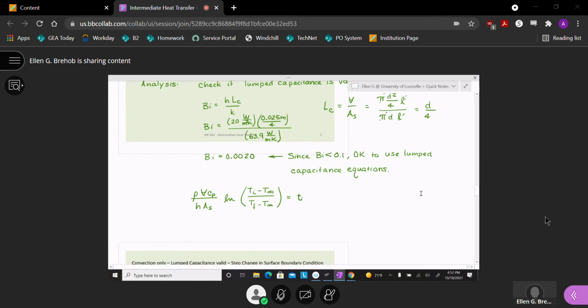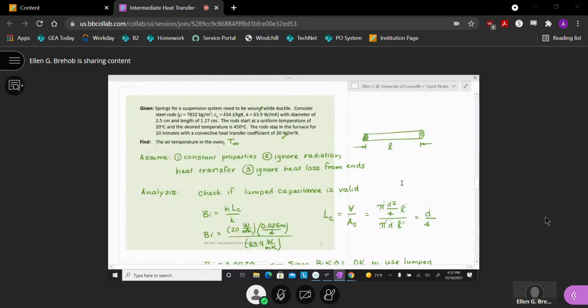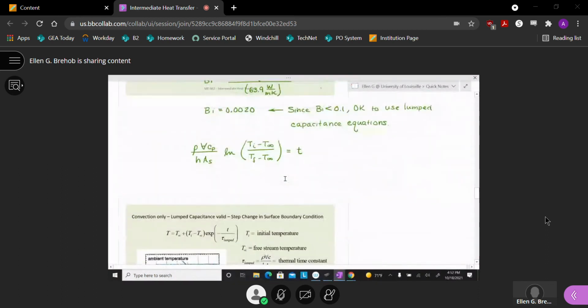If I start stepping through things, I'm going to scroll back up and remind myself. The rods start at a uniform temperature of 20 degrees C, and the desired temperature is 450. So that's my T final. I know both of those things, and I have geometry information and properties, so I know values to substitute in.